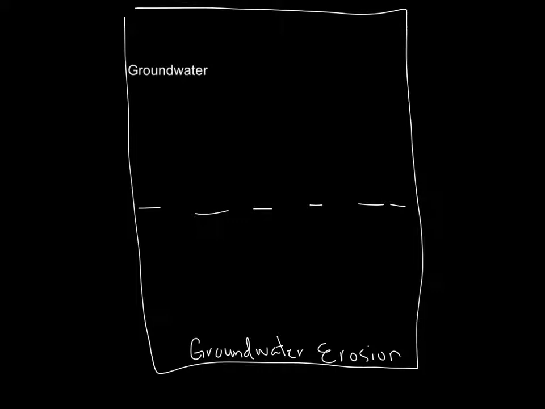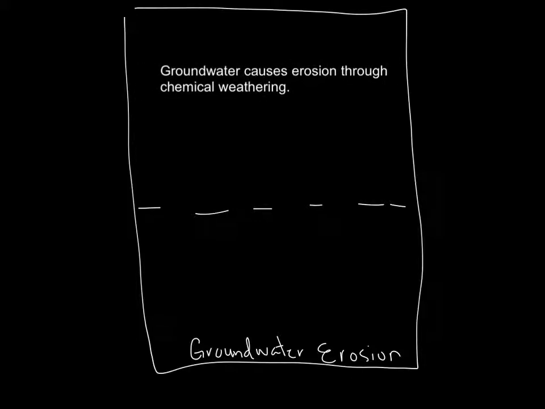So groundwater, so even the water underground causes erosion. Through chemical weathering. What it does is it dissolves the rock, creates something new. And what you're going to see is that water and carbon dioxide will come together and form carbonic acid.